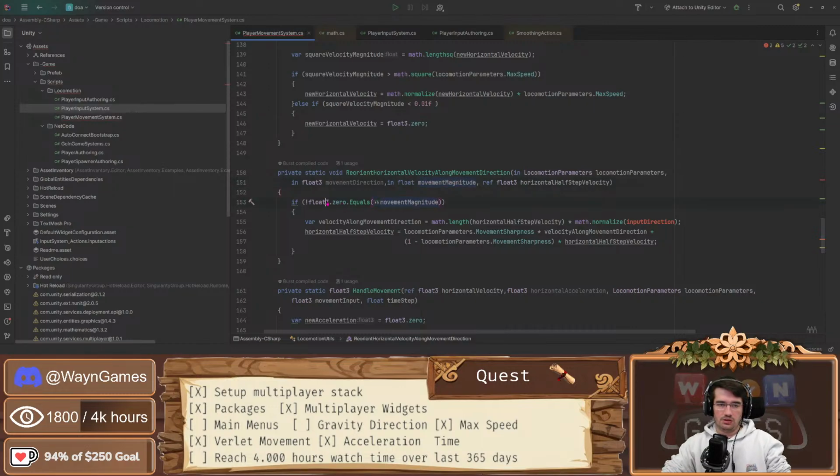I'm checking the magnitude. Float 0, that doesn't exist. 0 is not equal to the magnitude, so I'm moving basically. And that's the movement direction that is already normalized.